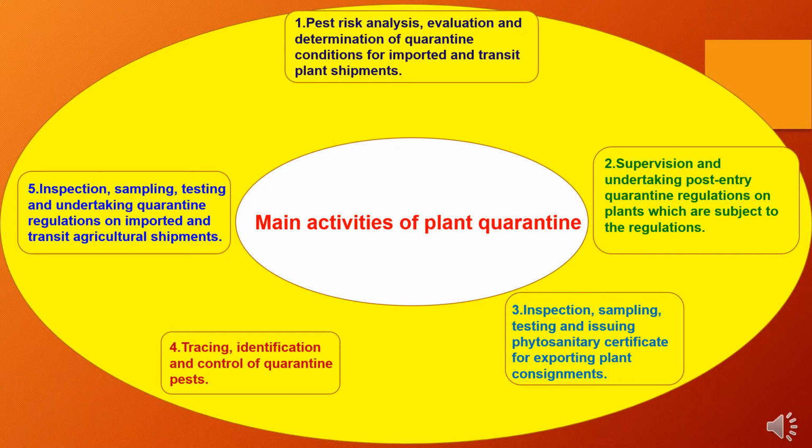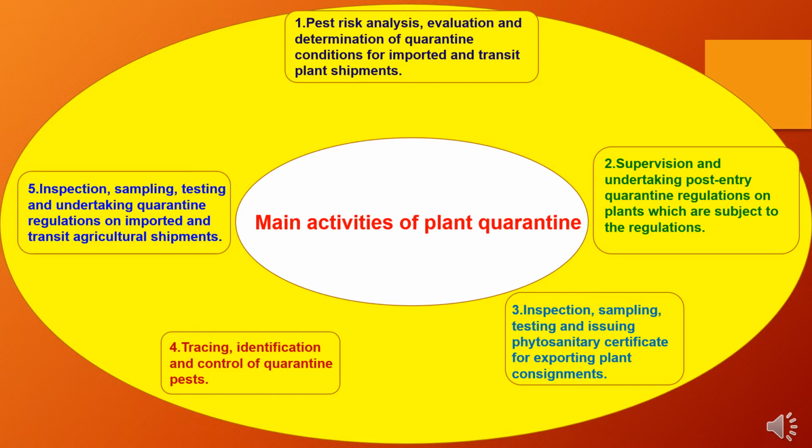Main activities of plant quarantine may be defined as: first, pest risk analysis, its evaluation and determination of quarantine conditions for imported and transit plant shipments. Second, supervision, undertaking post-entry quarantine regulations on plants which are subjected to the regulations.